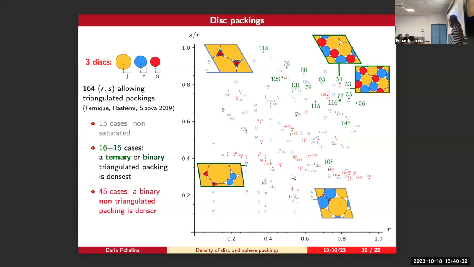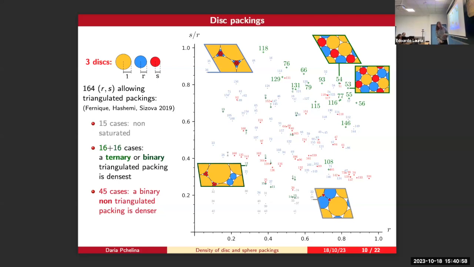And by chance, we found a counterexample. So actually, the conjecture is false. And we actually found even more counterexamples, 45 of them. And so for 45 red cases here, we found a non-triangulated packing, which is denser than any triangulated one. So the conjecture, which seems natural, is false.